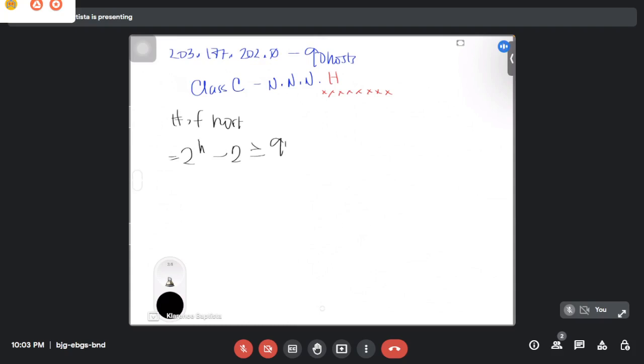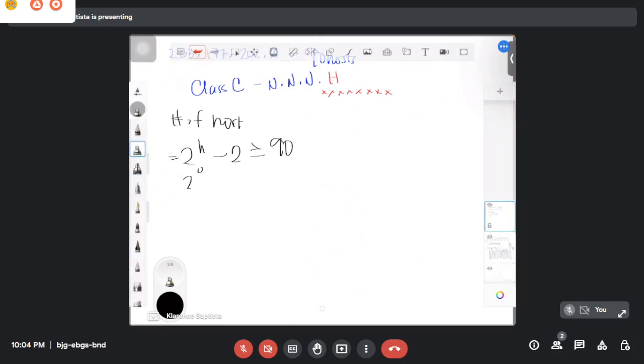So 2 raised to h is, I think and I believe this is 2 raised to 8, 2 raised to 7. No? So we have 2 times 2 times 2, 4, 5, 6, 7.